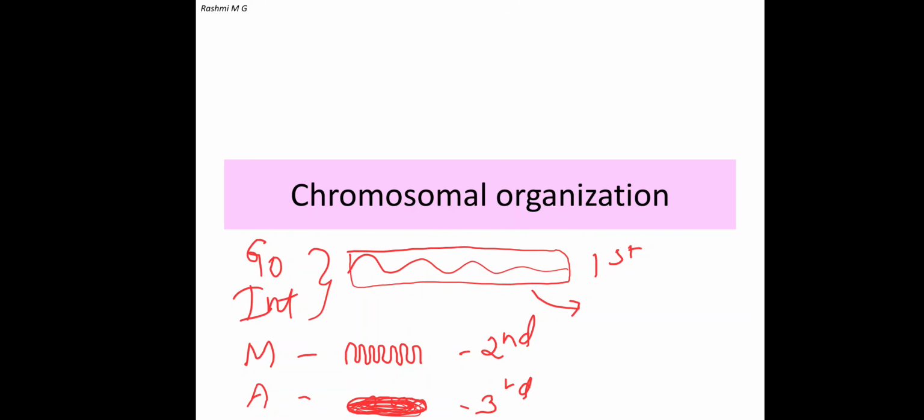So it is important to pack, it is important to bind, so it forms a stable structure for further processing. So that is why chromosomal organization happens.